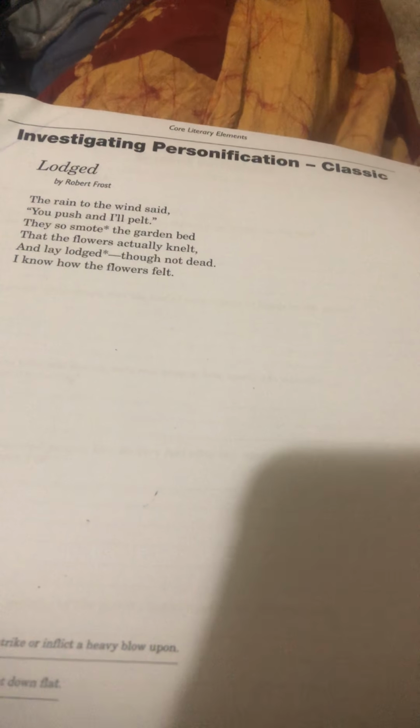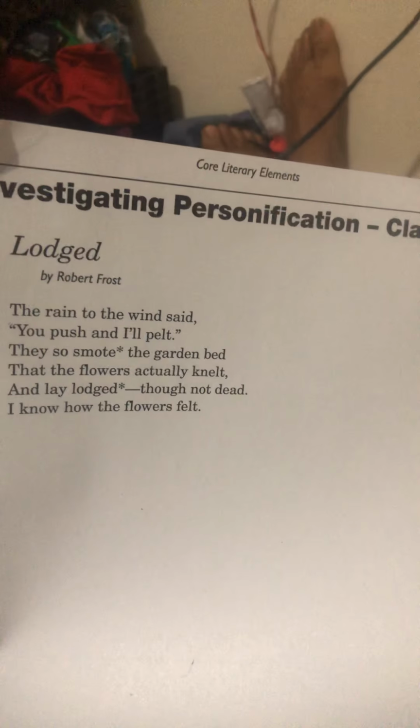Next, investigating personification. One of the major things used inside of poetry that is put to music, hip hop. Personification is amazing. "Lodged" by Robert Frost.